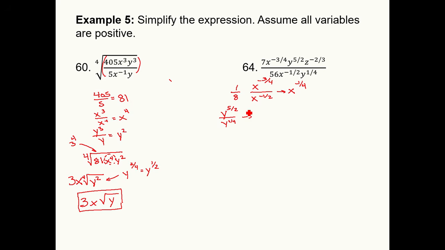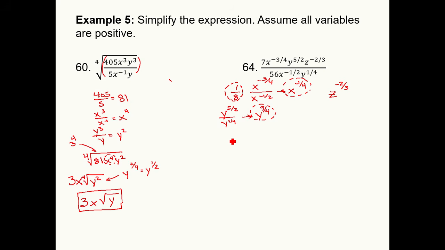So y divided by y is y to the 5/2 minus 1/4. Well, that would be 10/4 minus 1/4. That's y to the 9/4 power. Okay, so here's part of my simplified result. Here's another part. Here is another part as well. And then I've also got a z to the negative 2/3. That has nothing else applied to it.